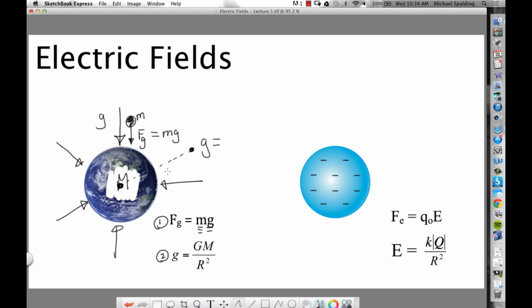No, not if you're way above the surface of the Earth, it won't be 9.8. The equation for finding the gravitational field at a point on or above a planet or a moon or an asteroid is big G, the gravitational constant, times big M, not little m, over R squared. So that's our second equation down here.